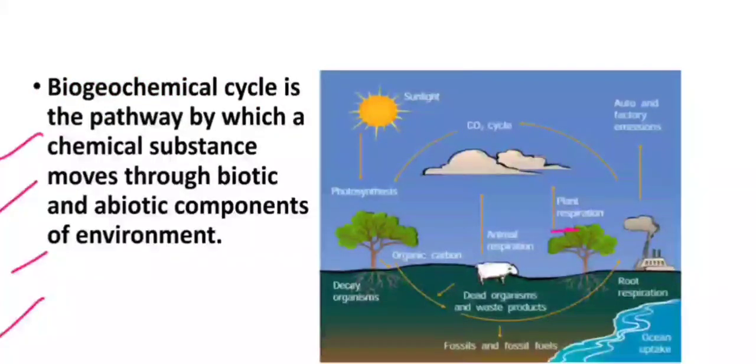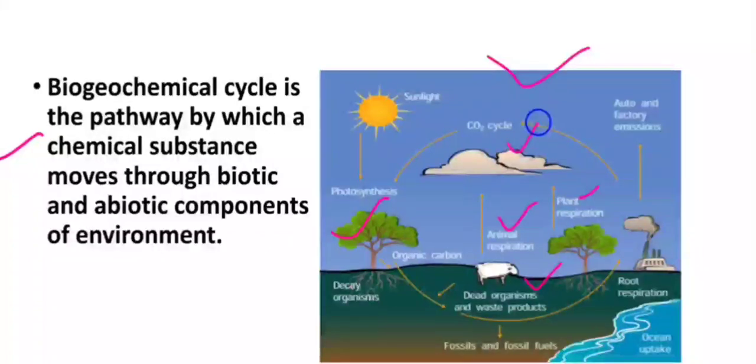Now biogeochemical cycles are the pathways by which chemical substances move through the abiotic and biotic components of the environment. Here in this diagram, the carbon cycle is depicted. Carbon dioxide in the atmosphere is used by plants for photosynthesis, and this organic carbon is consumed by organisms, and during respiration animals and plants release carbon dioxide again into the environment.